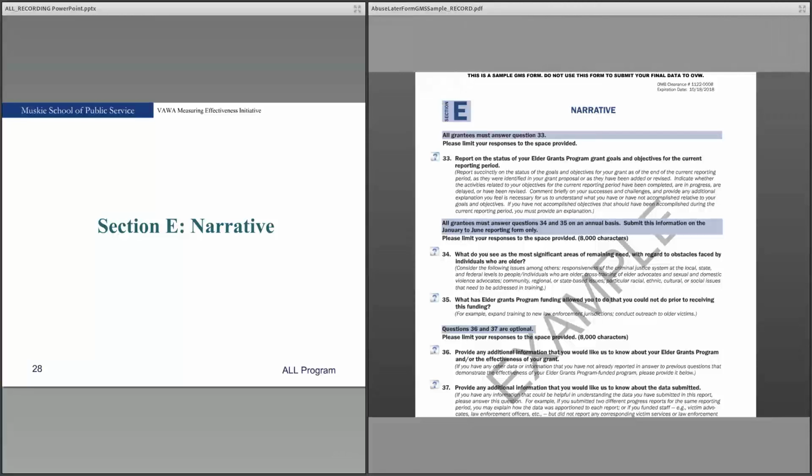But question 37 is your opportunity to tell us if something that you entered on the form needs to be deleted to keep your report accurate, or if for some reason you are having trouble entering a particular number, you could describe what a number should be using the question number and the number you want entered in question 37. And when we receive the data to clean it, we would go and correct those questions that you advised us of in question 37.